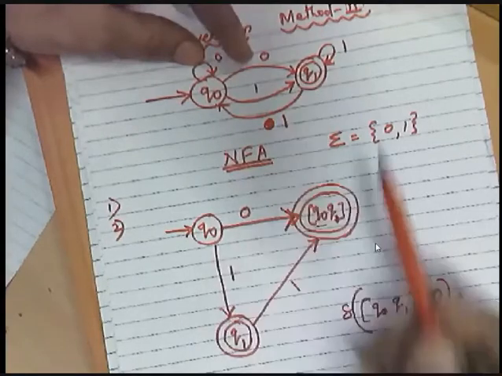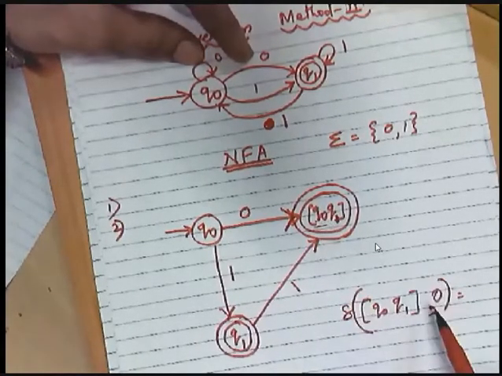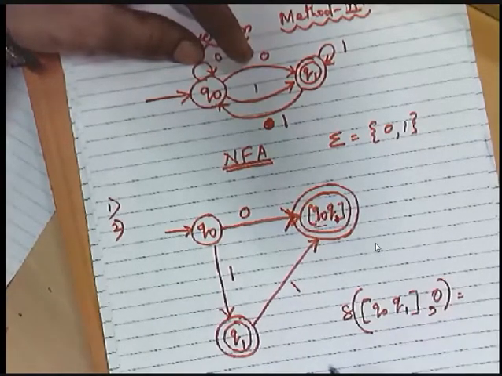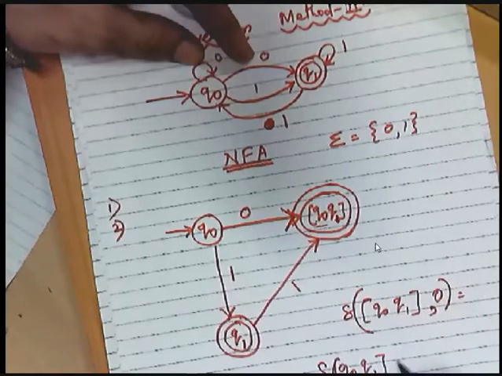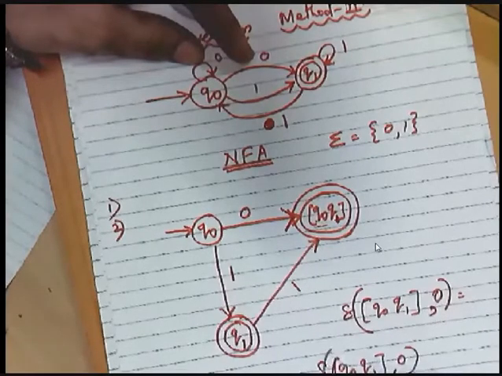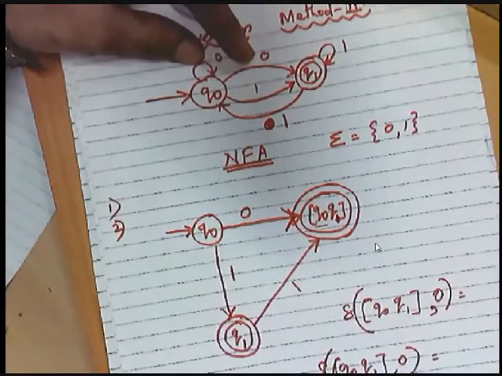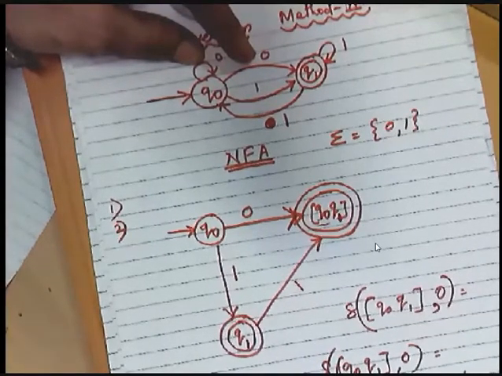Similarly, Q0, Q1 on 0 will be moving to what? See here, delta Q0, Q1, comma 0 will be nothing but delta Q0, comma 0 union delta Q1, comma 0.